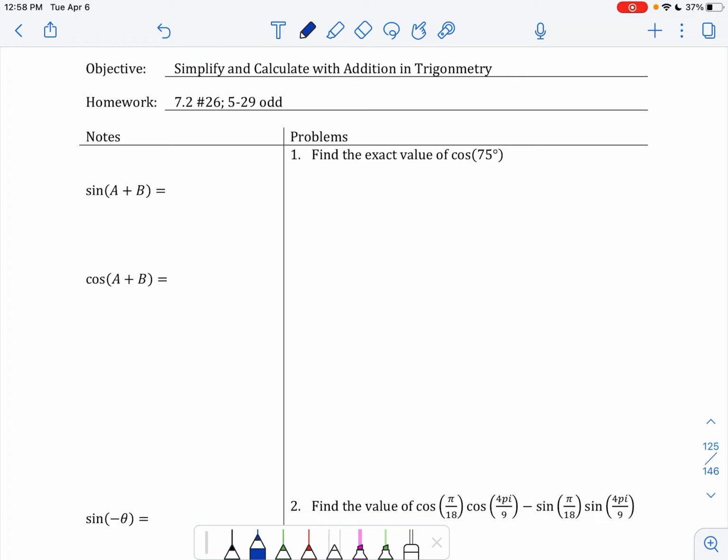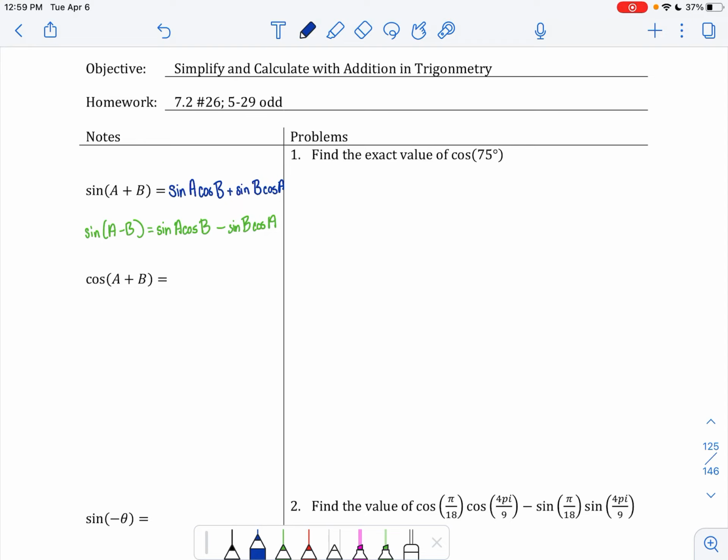We can't just say that's the same as sine of A plus the sine of B. But there is a formula, and it says that the sine of A plus B is the same as the sine of A times the cosine of B plus sine of B cosine of A. Now, if it's a subtraction problem, so if it's the sine of A minus B, then it's exactly the same thing, sine A cosine B, but then just minus sine B cosine A.